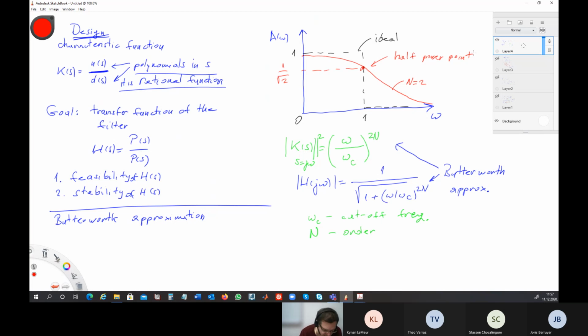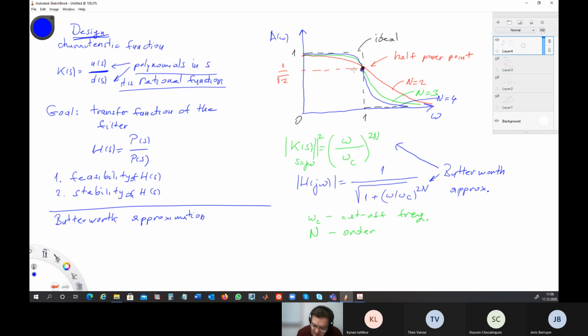Then we can see what is going on if we have higher order. For example, this is N equal to 3, and then higher order, this is N equal to 4, and so on.